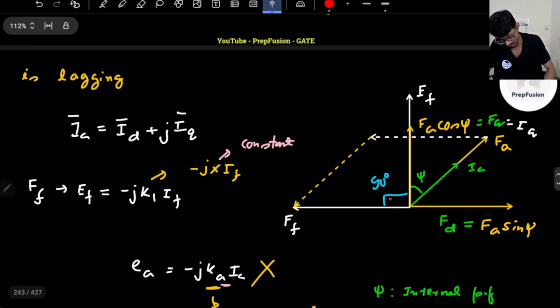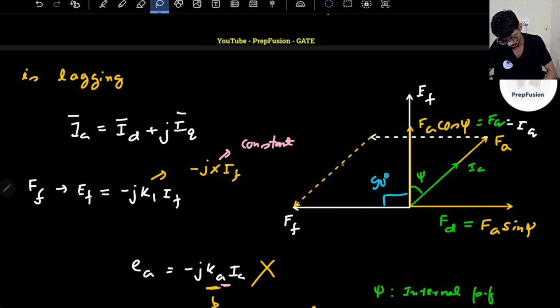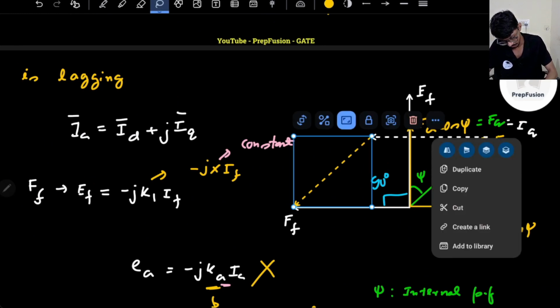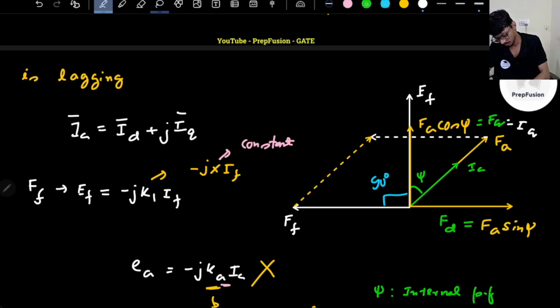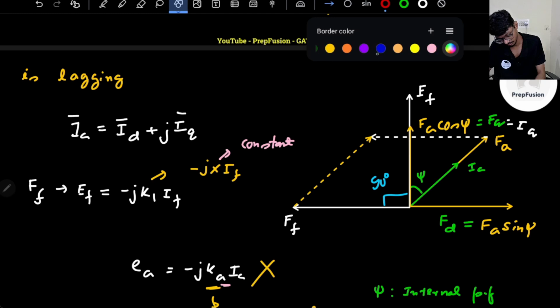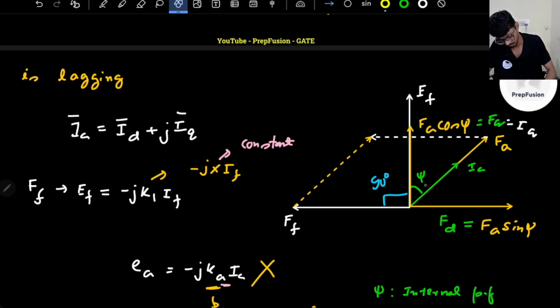The resultant will be just from here to meeting these two points. Okay, sorry, the resultant will be this.